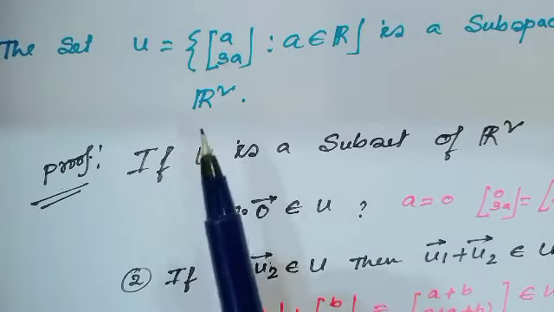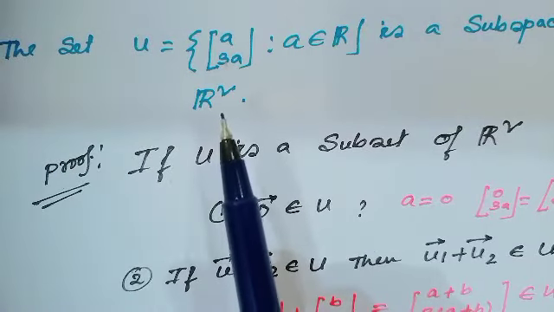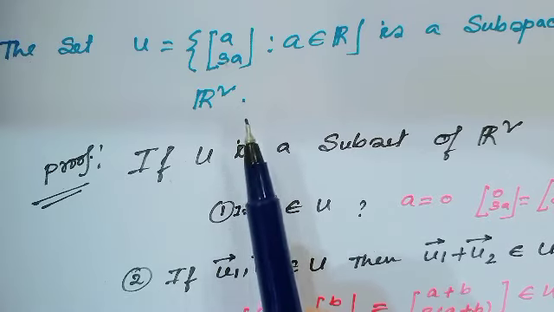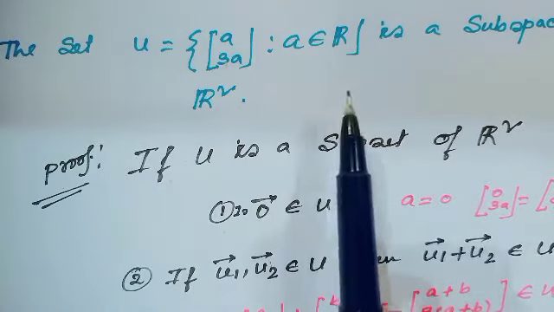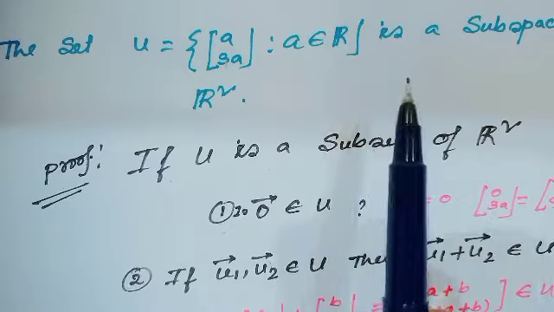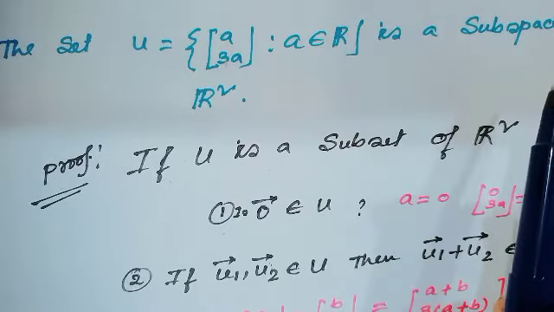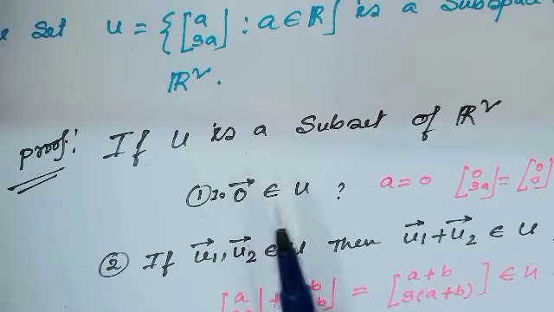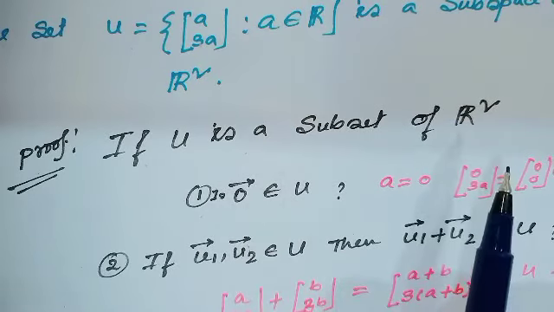As an example, consider the set U of vectors (a, 3a), where a belongs to the real numbers. This is a subspace of R2. For this, we have to check that U is a subset of R2.